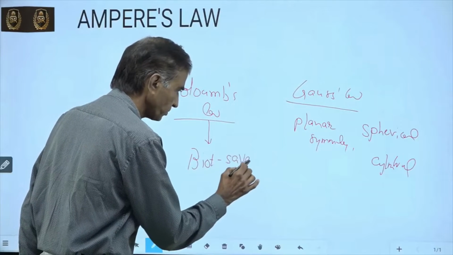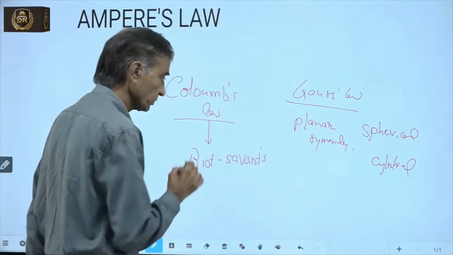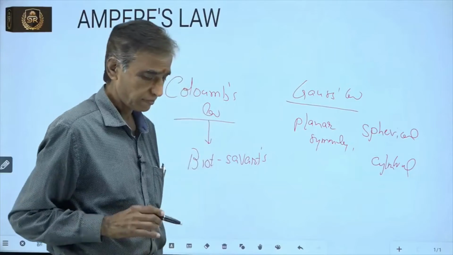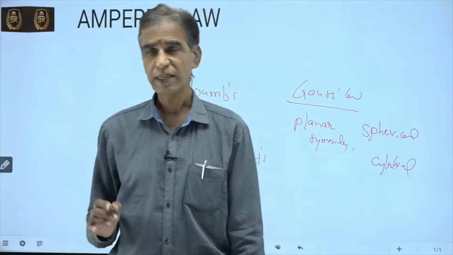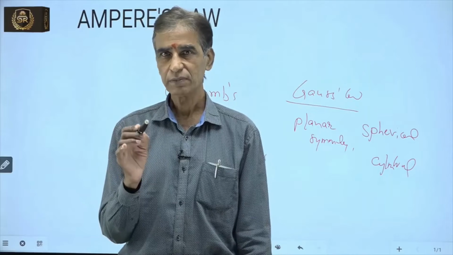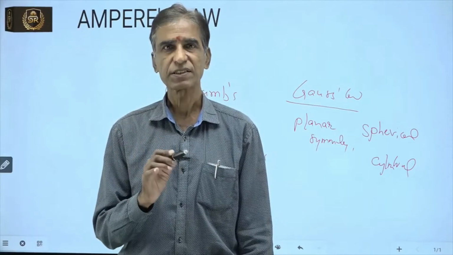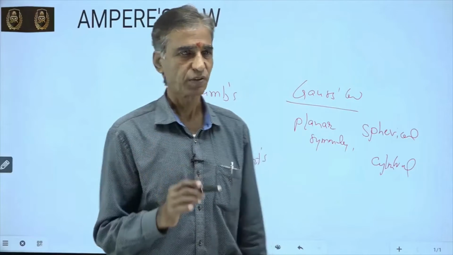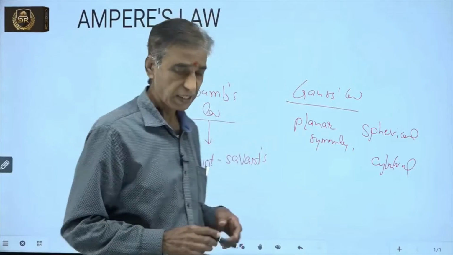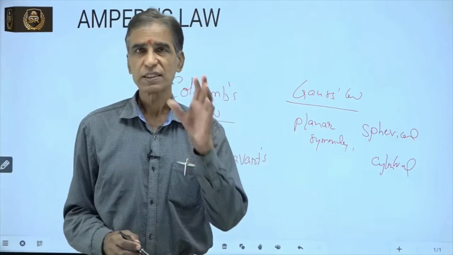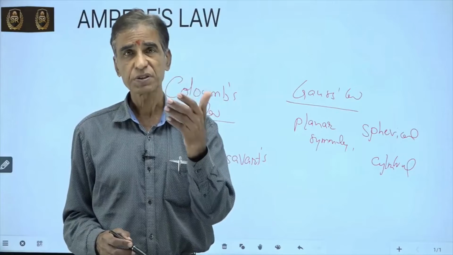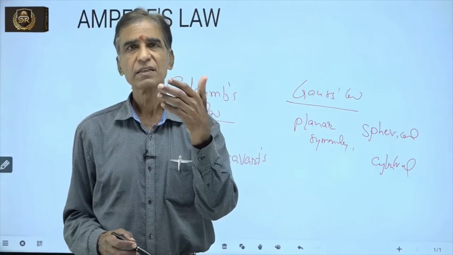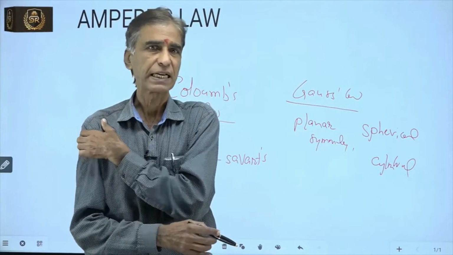When we want to find the magnetic induction at a point, we use Biot-Savart's law irrespective of the distribution of the current carrying conductors.